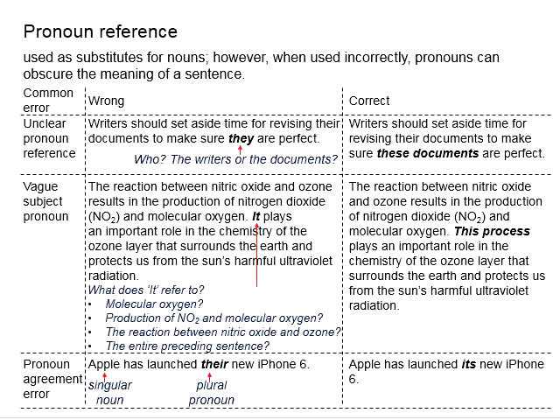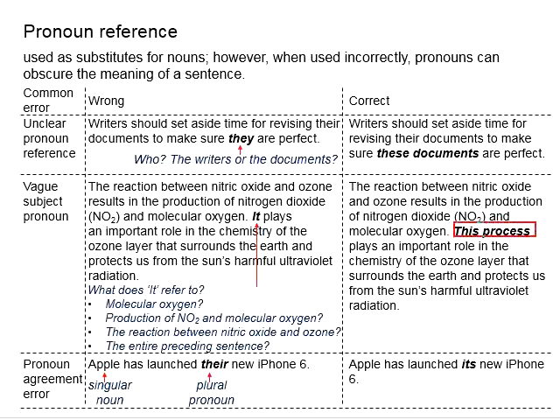As a correction for this, the following sentence should be used instead. The reactions between nitric oxide and ozone result in the production of nitrogen dioxide and molecular oxygen.